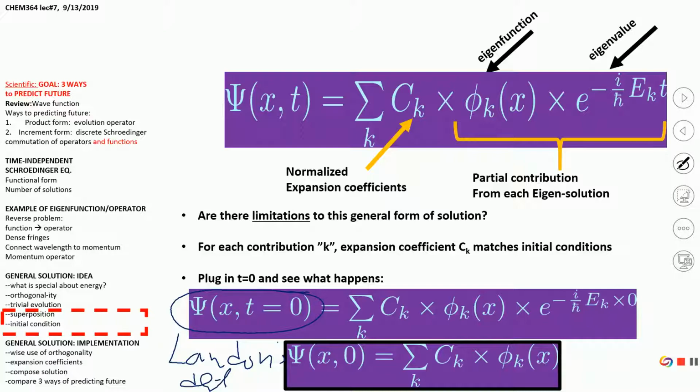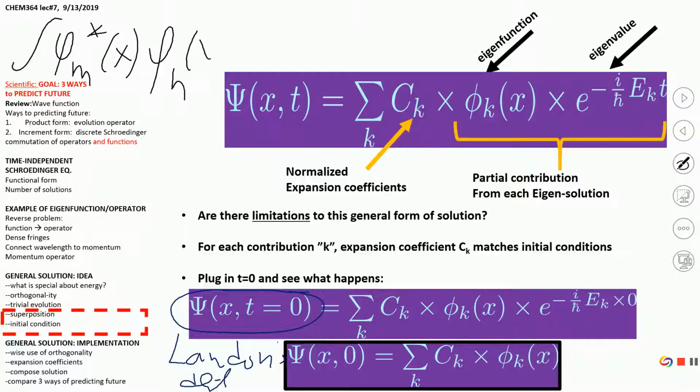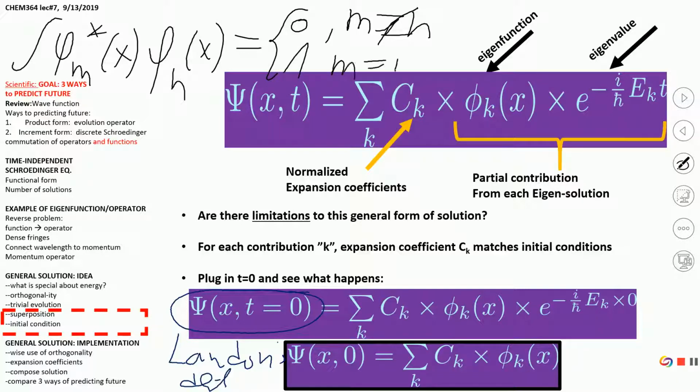I can rewrite it here once again. Phi sub m star x phi sub n x dx equals either 0 if m is not equal to n, and 1 if m equals n. So what is on the left?